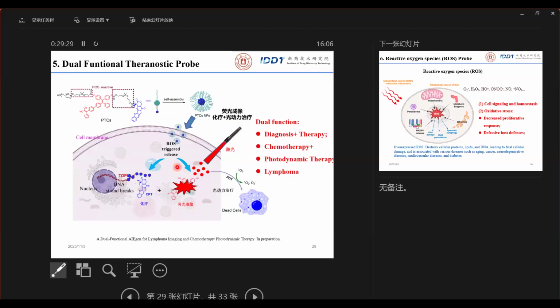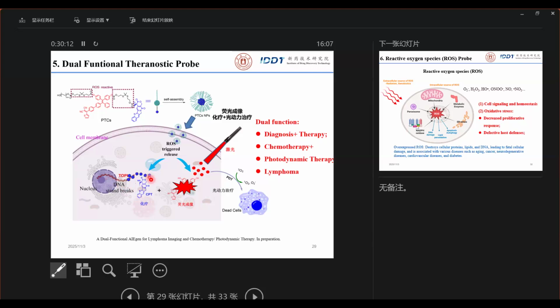Continuing, we use fluorescent probes not only for imaging, but we also want to develop them for therapy. And this is the fluorescent probe we designed for therapy. This is ROS-reactive, with this linker, called the ROS linker. In the presence of a larger amount of ROS, this part will be broken and release the drug. This is called CPT, a common cancer drug. It can treat a lot of cancers. Its mechanism is to conjugate with DNA and break it.